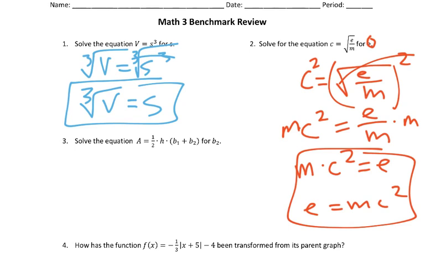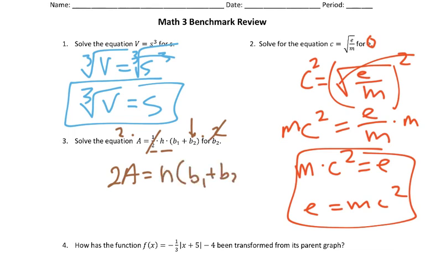Now number 3 is a little bit more complex, isn't it? But same idea. We want to get b2 by itself. So first I should notice that I'm multiplying by 1/2 in the h. So if I multiply both sides by 2, that would get rid of my 1/2, and I'd have 2a equals h times b1 plus b2. Then to get rid of that h, we divide both sides by h.